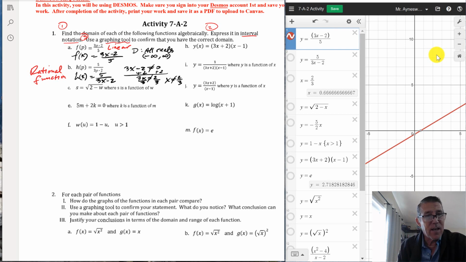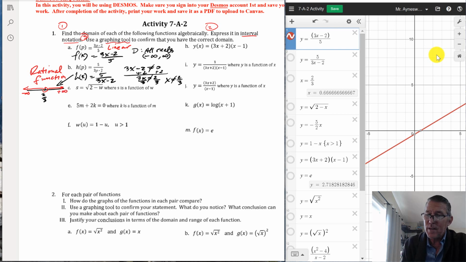And you have to write that in interval notation. Running out of room here, so I'll do it over here in the margin. If it's all reals except 2/3, let me draw a little graph here. If this is 2/3, x can't be 2/3, so it's got to be open here, and it could be to the left of it towards negative infinity, and it could be to the right of it towards positive infinity.